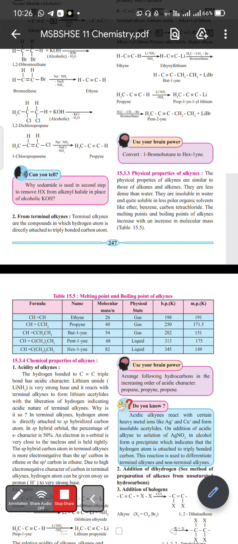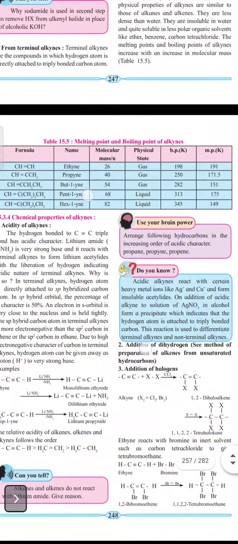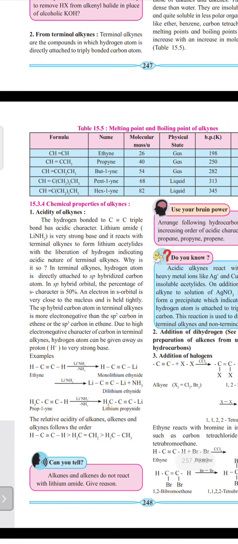In chemical properties of alkynes, we can study their acidity. The hydrogen bonded to C triple bond C has an acidic character. Lithium amide is a strong base and it reacts with terminal alkynes to form lithium acetylide with liberation of hydrogen gas. We'll see the actual reaction.